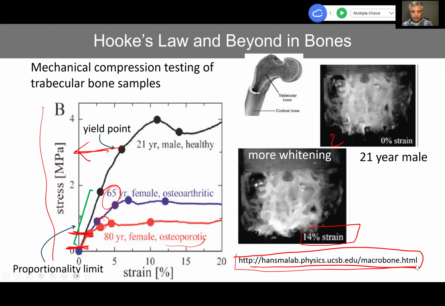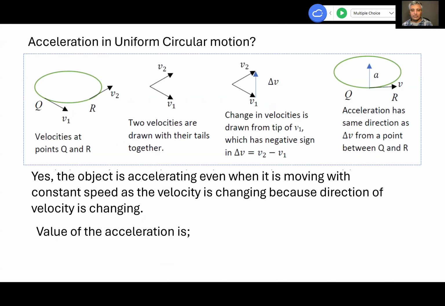Now I'm going to move to the application of Newton's law again, but in this case, the object is moving in a circle or part of a circle. When we talked about finding the direction of acceleration, drawing the change in velocity vector, we talked about this kind of situation, how to draw that and how to figure out the direction of acceleration.